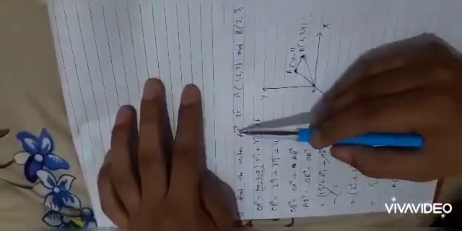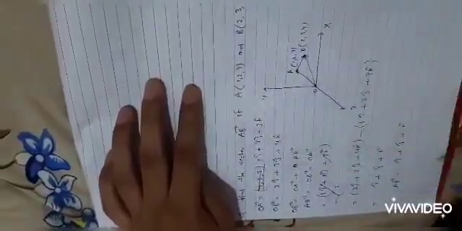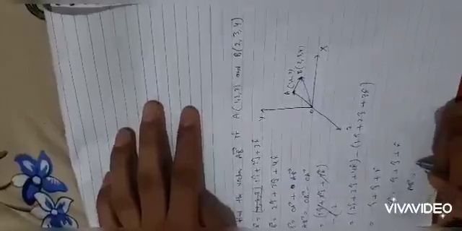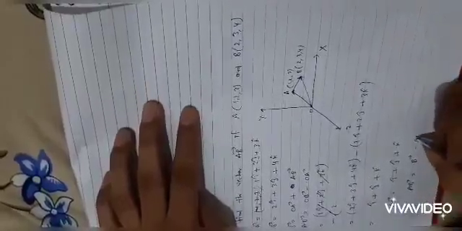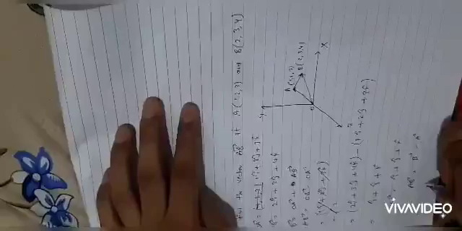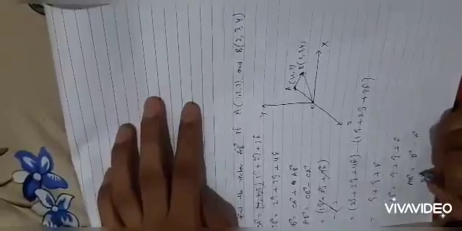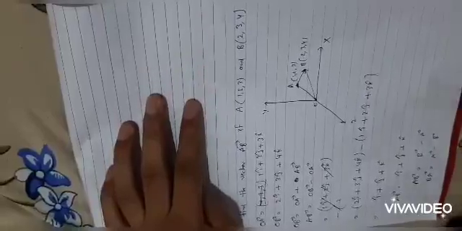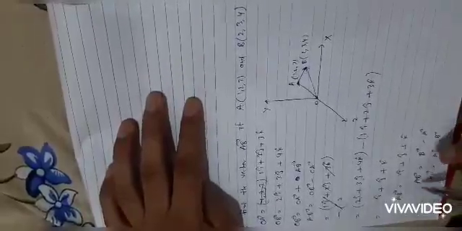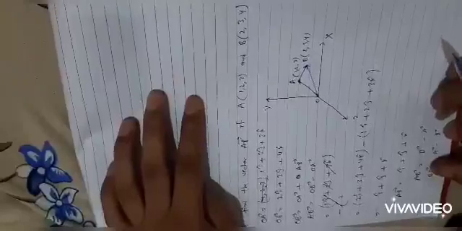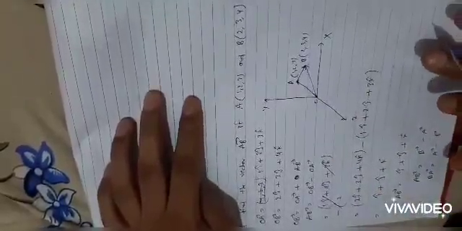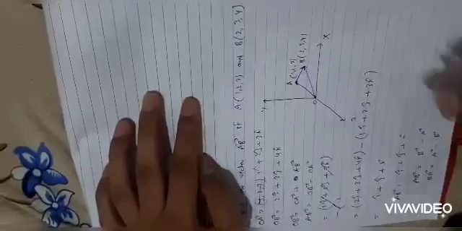If they are saying that you have to find AB vector, you just have to subtract A from B. That means if they are saying AB vector, then you subtract the first point from the second, and if they are saying you have to find out BA vector, then you have to subtract B from A. So this trick will help you a lot, and this is the basic thing. Now let's move towards the next question.